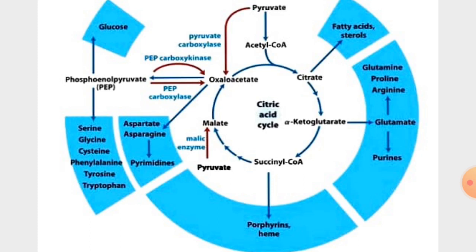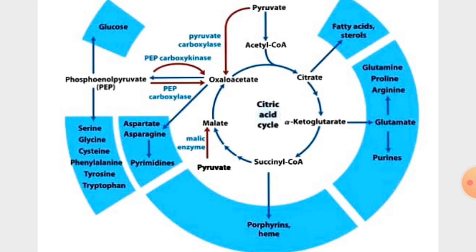So if alpha ketoglutarate is used to synthesize glutamate, the building block of proteins, then who will replenish this alpha ketoglutarate? That will be discussed later. For now you should understand which components are responsible for other biochemical reactions.